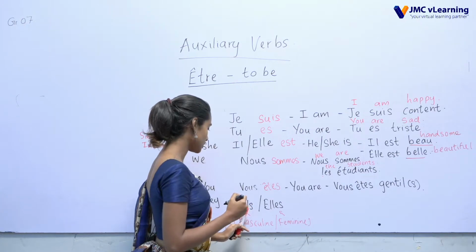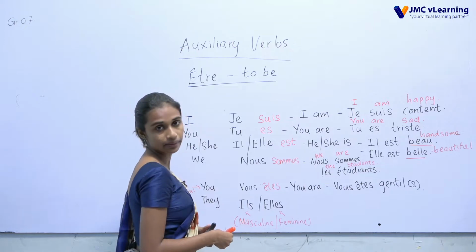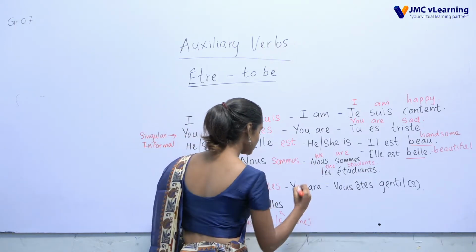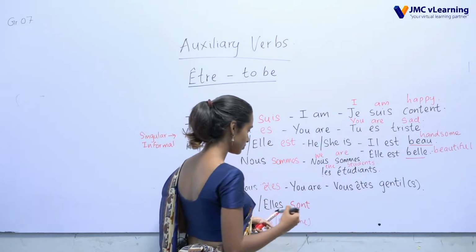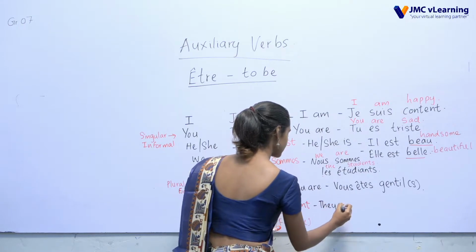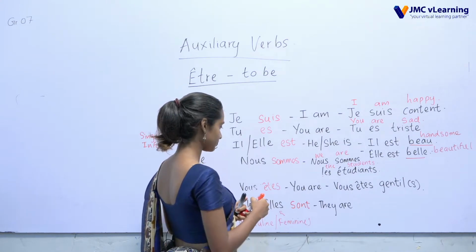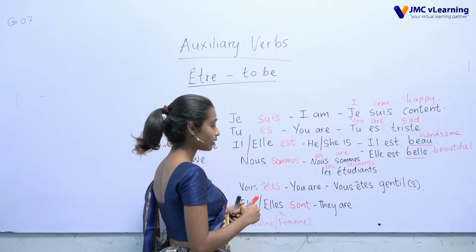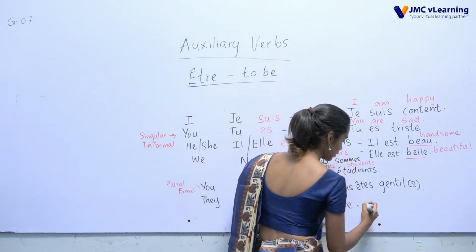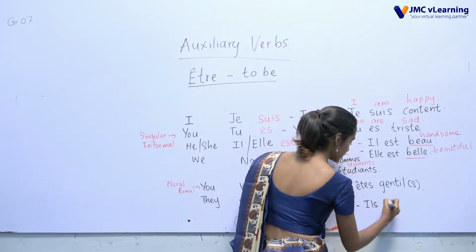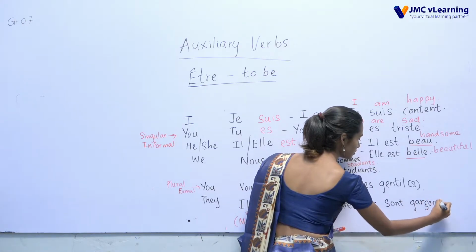And then ils, elles, they. How do you conjugate the être verb with they? Ils, elles sont. Which means they are. Let's make a sentence. They are boys. For the masculine pronoun: Ils sont garçons.